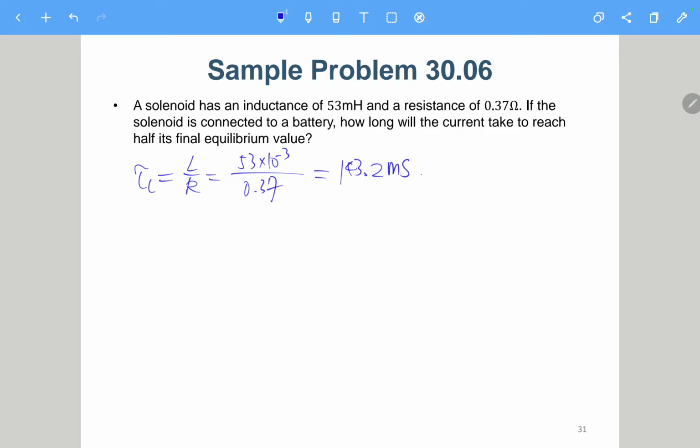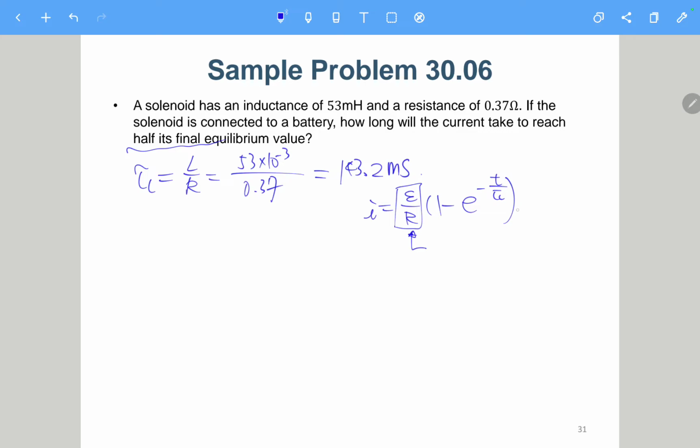Okay, so we have the equation I equals E over R, times 1 minus exponential to negative t over tau L. We don't really know what E is, we know R. But actually this value is not really important, because it asks how long it will take to reach half of its final equilibrium value.